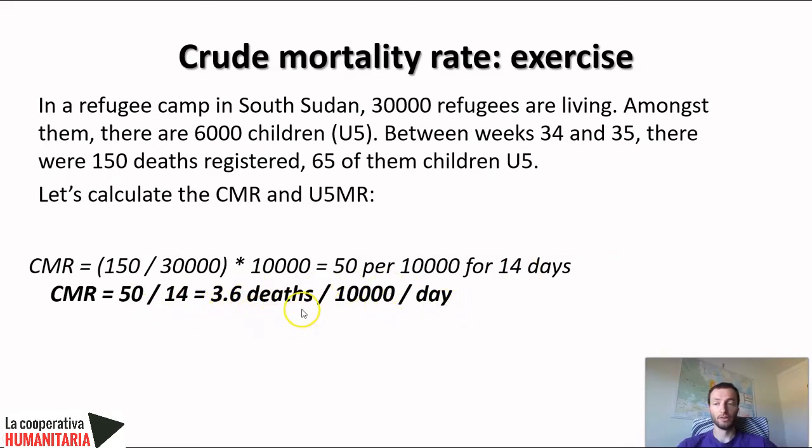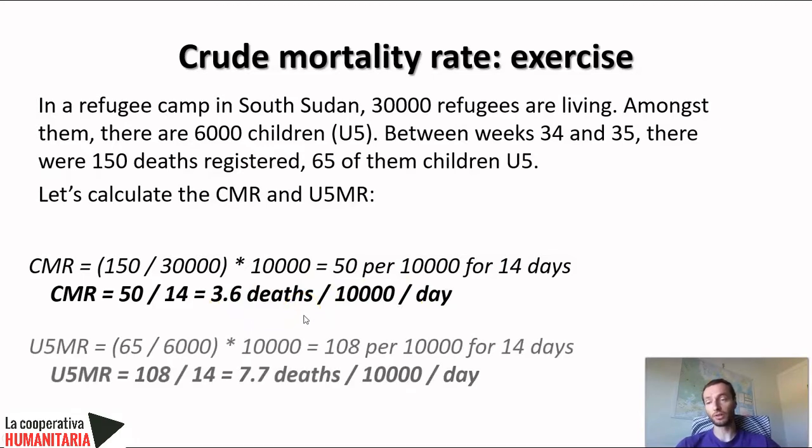Looking at the under 5 crude mortality rate, 65 divided by 6,000 multiplied by 10,000 is 108 deaths per 14 days. Divided by 14, it gives you 7.7 deaths per 10,000 per day. Much higher crude mortality rate in the population under 5 than in the total population, which is quite common: under 5 are vulnerable, so they die faster.